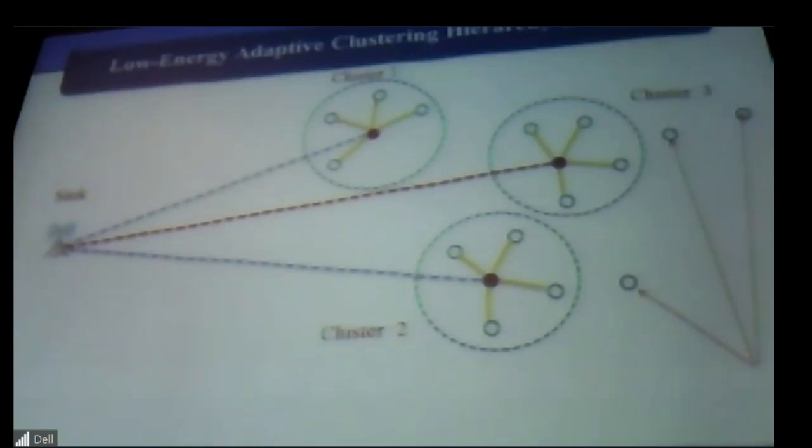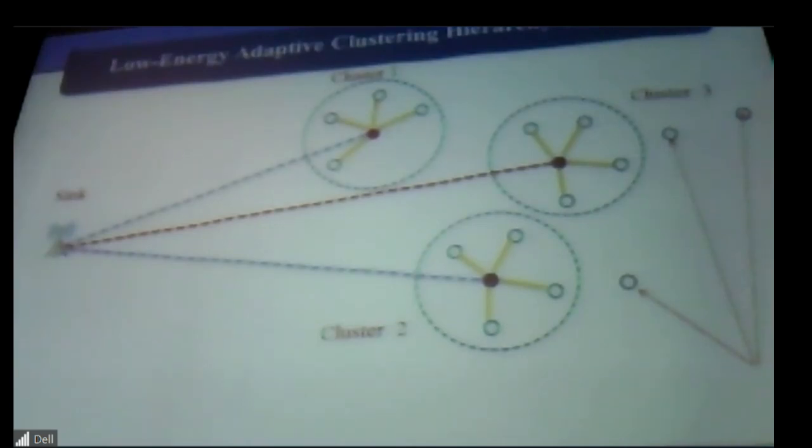Yes, actually we want to propose that, as I said to you, most research about LEACH protocol, how to make LEACH protocol multi-hop communicate, okay? But most of them look for the distance between the nodes, or the performance of the node, or some others look at the battery.